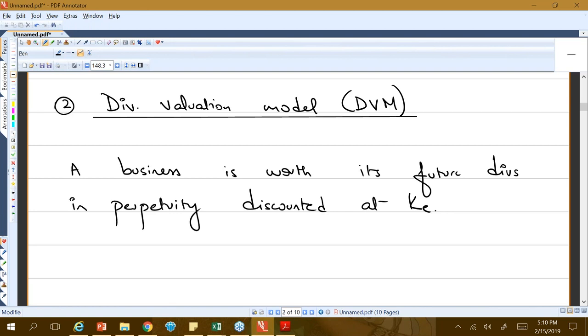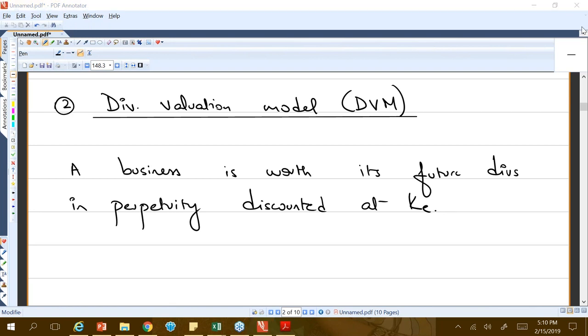So any business is worth its future dividends discounted at KE. Future dividends in perpetuity discounted at KE. That is what the DVM method is trying to say.